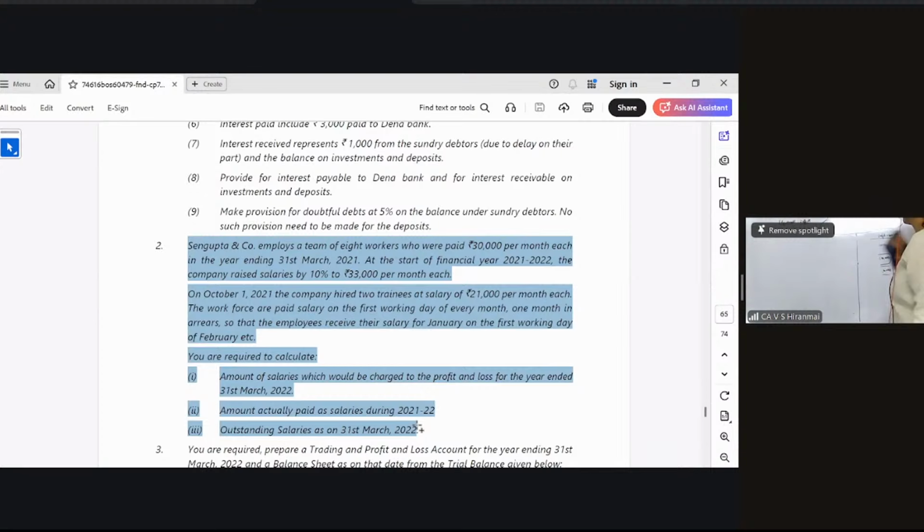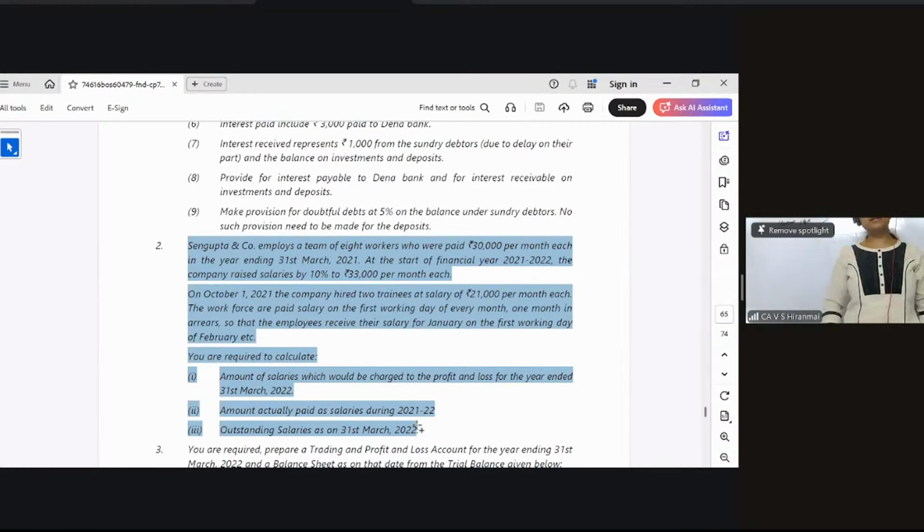Now, practical question number 2 says, Sen Gupta and Company employs a team of 8 workers, who were paid 30,000 per month each month in the year ending 31st March 2021, previous year. Now, at the start of the financial year 2021 to 2022, the date is 1st of April 2021 to 31st of March 2022. So we are talking about the current year.